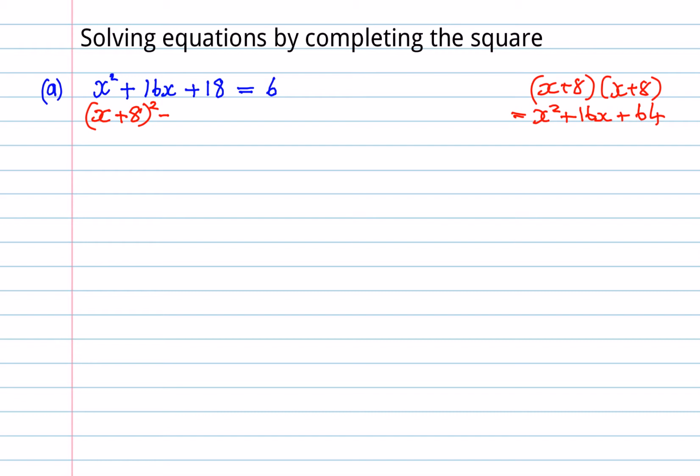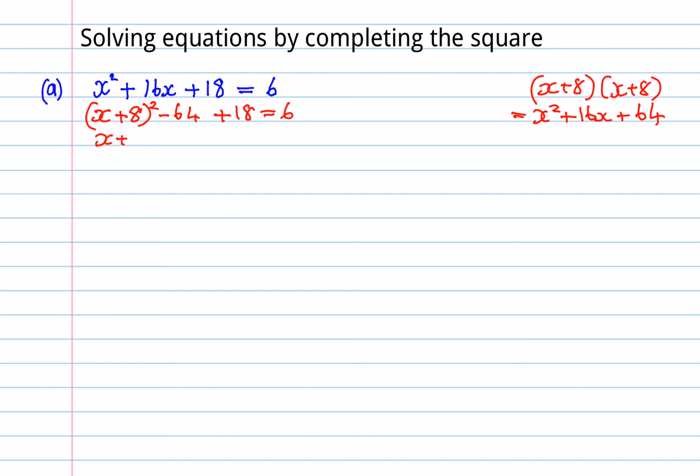Now as you see, this is very, very close to this. Only we have an extra 64 here, so what we must do at this stage is to subtract the 64. Now we have this is equal to x squared plus 16x. Then we'll just copy down the rest of the terms. So plus 18 is equal to 6. And let's collect the terms now.